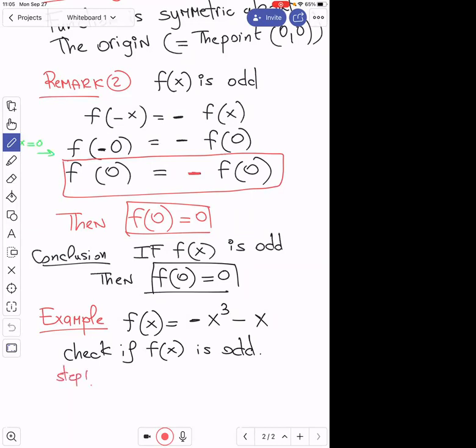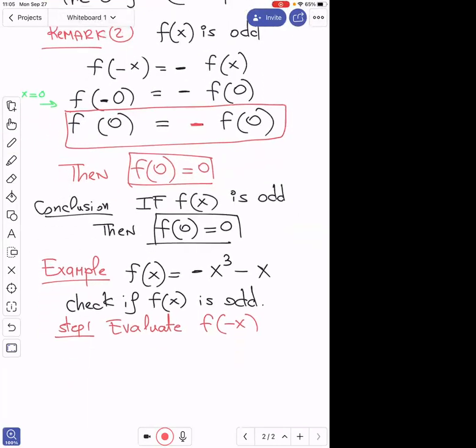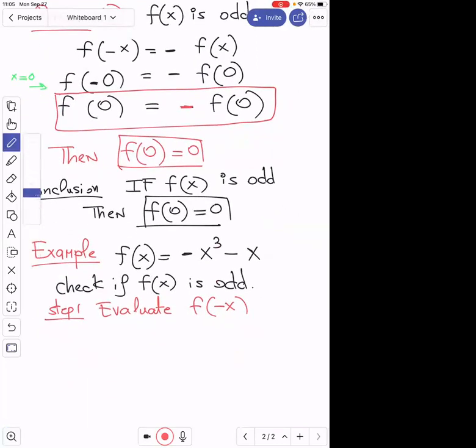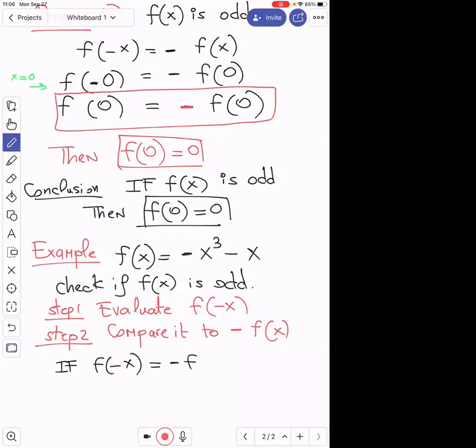And in step number 2, we're going to compare not to f of x, but we're going to compare to minus f of x, because if they're equal, if f of minus x is equal to minus f of x, then f is odd.